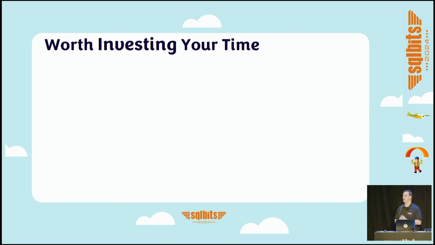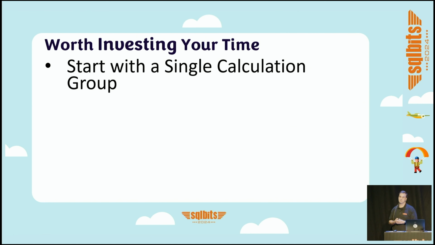So I do think calculation groups are worth investing your time in. I think it makes it better as a developer of the model, since it's easier for me to maintain those measures. I also think we start getting into the user and giving them a better experience.